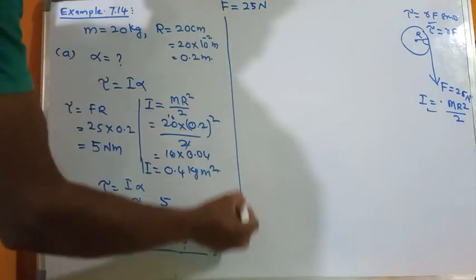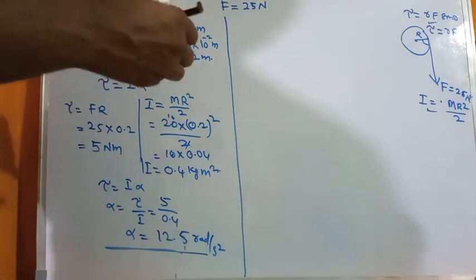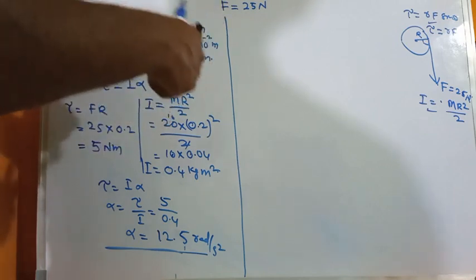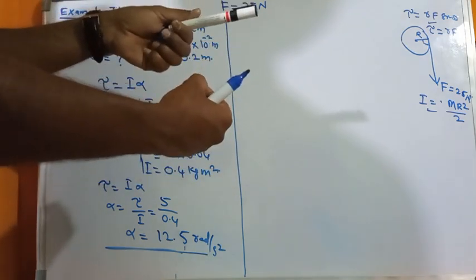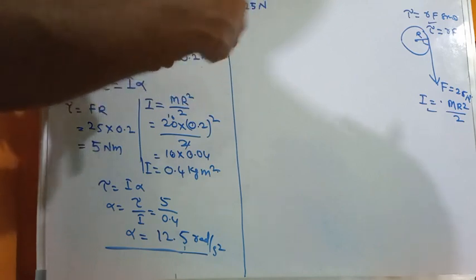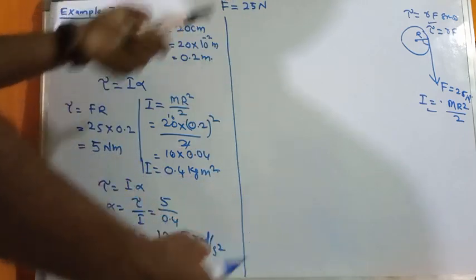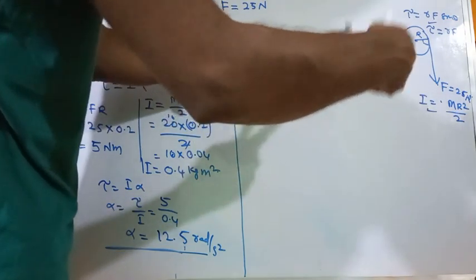Then the second question: find the work done by the pull when 2 meters of the cord is unwound. 2 meters of the cord is nothing but, we take one cord, one thread, and the thread is rolling on this axle.